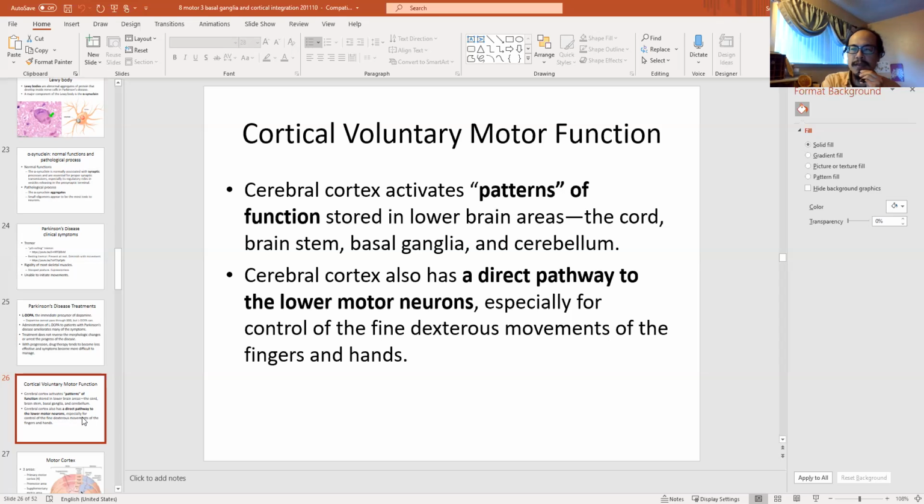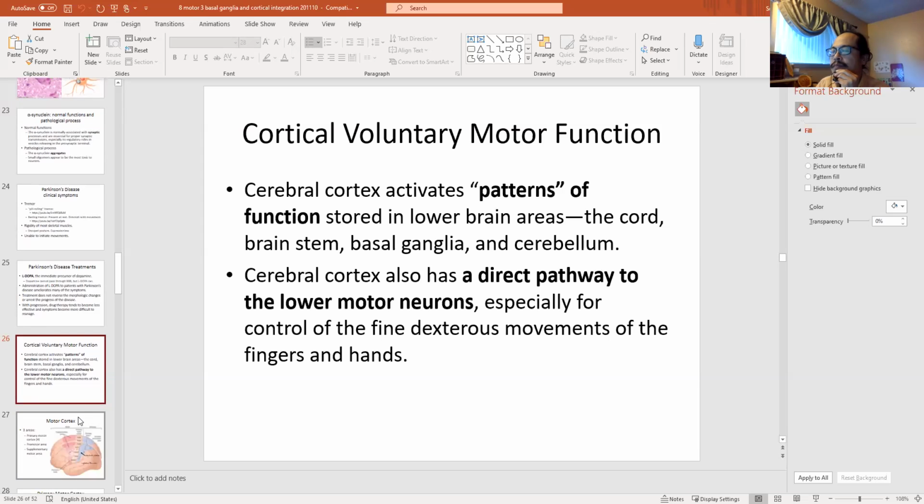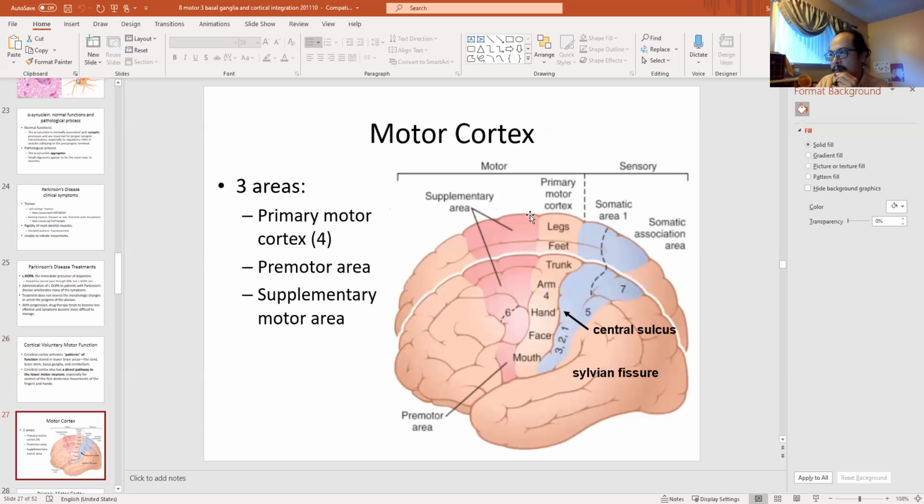The next one is the cortex, the cortical function, the motor cortex. The motor cortex integrates all this movement. It includes the primary motor cortex.